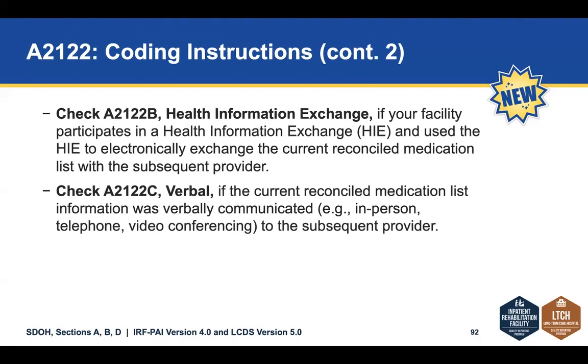If the reconciled medication list was transmitted via a health information exchange or HIE, the assessor would check A2122B. An HIE is an organization to which a facility may participate, which allows for an electronic exchange of data with other authorized entities. In this case, our subsequent provider.